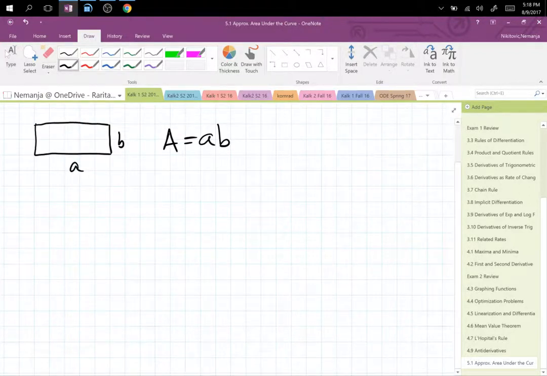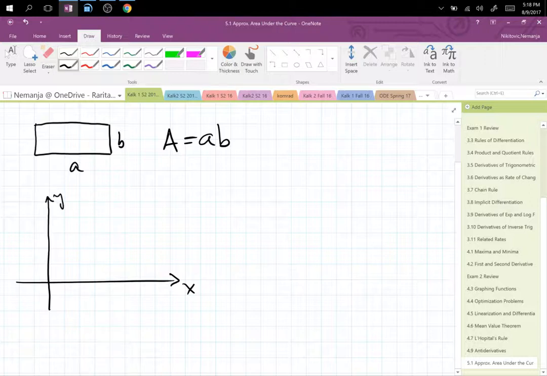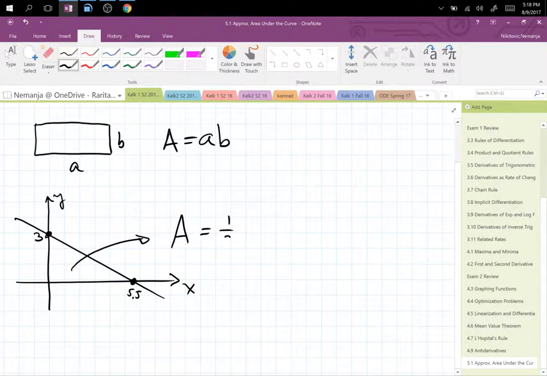As I mentioned earlier, if we have some kind of an XY graph, and we have a line that goes through 3 and through 5.5 as it appears on my graph, you can find the exact area by using the formula: area equals 1/2 times 3 times 5.5, which is 11 halves.